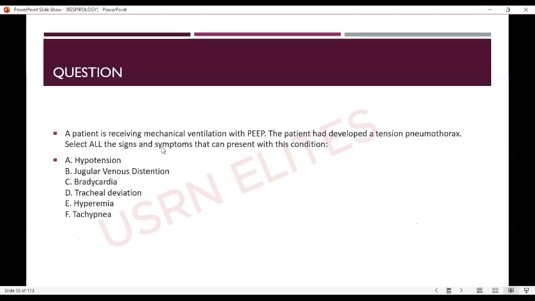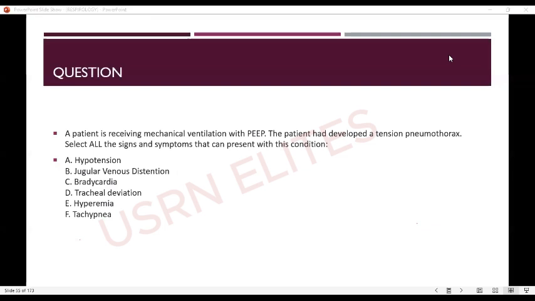I explained the other time that when you are having tension pneumothorax, D is obvious. There's going to be tracheal deviation because when the air builds up, it will begin to push the mediastinal structures, including the trachea. So that one is included.